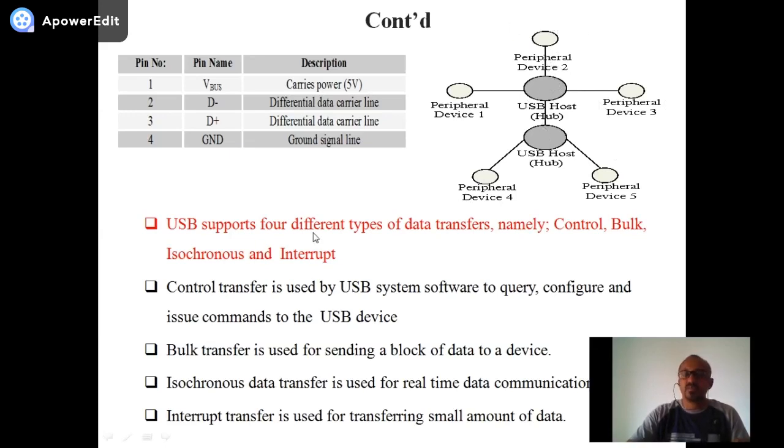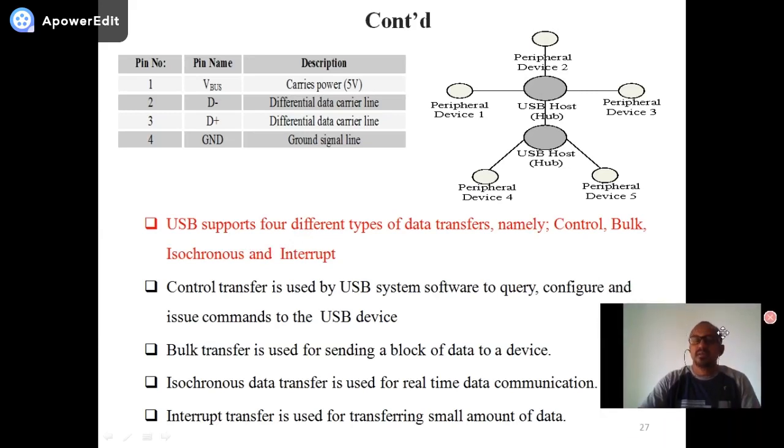USB supports 4 different types of data transfer, namely control, bulk, isochronous and interrupt. Control transfer is used for configuring and issuing commands to the USB devices.